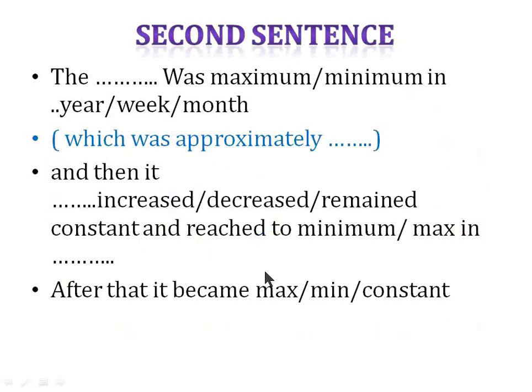And the second sentence we can start like "the dash was maximum," meaning the verb: the consumption was maximum, the sale was maximum or minimum. You can start with either maximum or minimum.